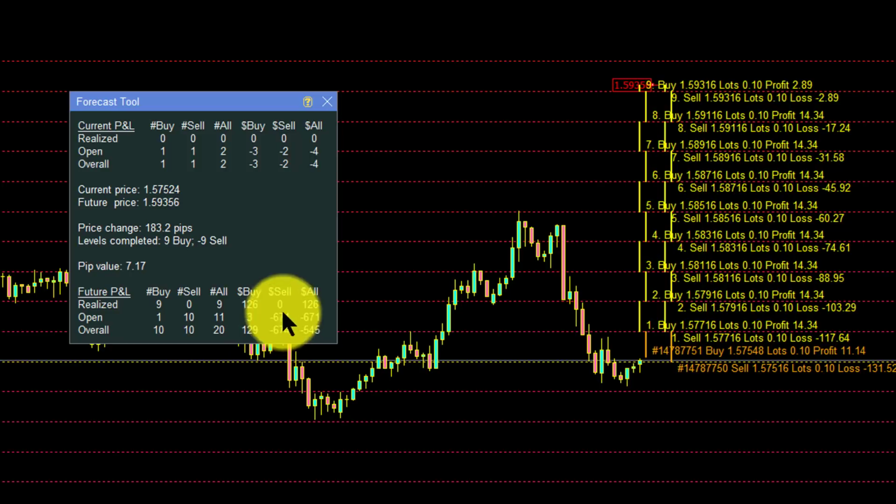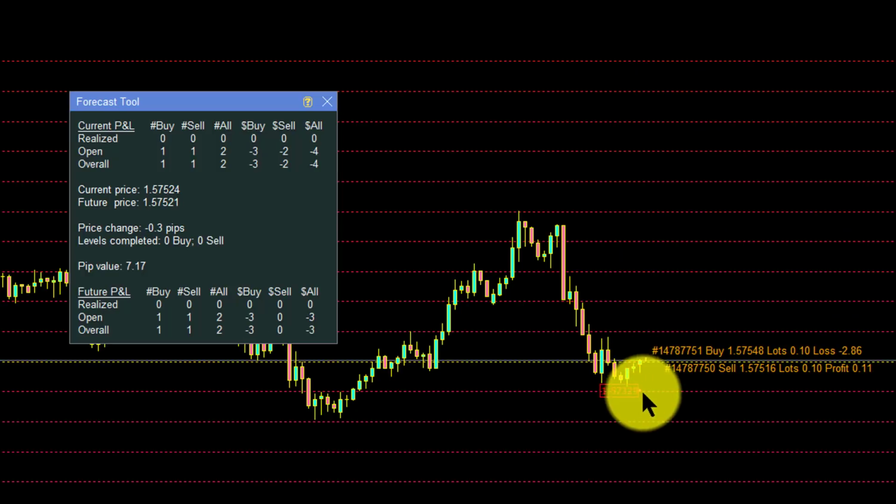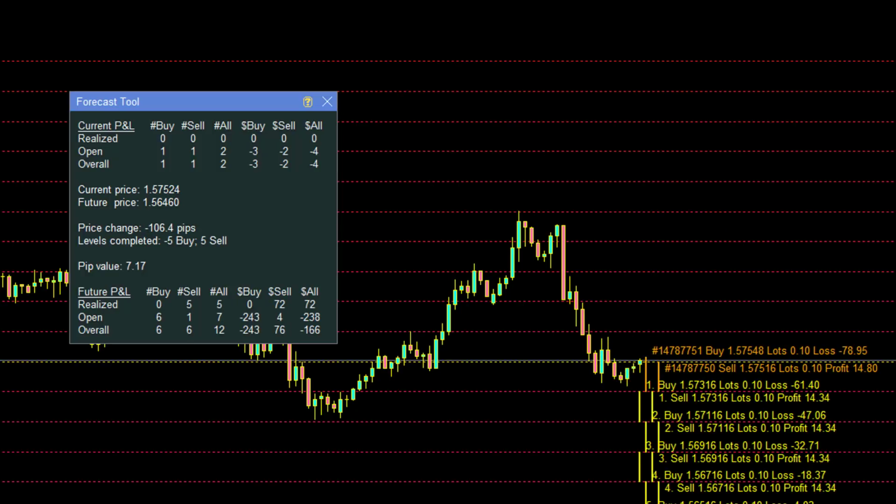And here in the table it says the buys, you've made a profit of that, the sells, you've made a loss of that. Therefore if the price suddenly shoots up there, you will have an overall loss of that amount. And the opposite applies if you go downwards: the sells are now making profit, the buys are making losses.